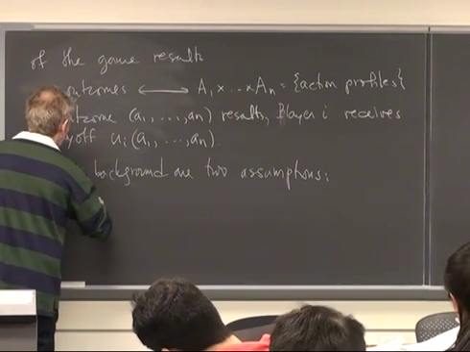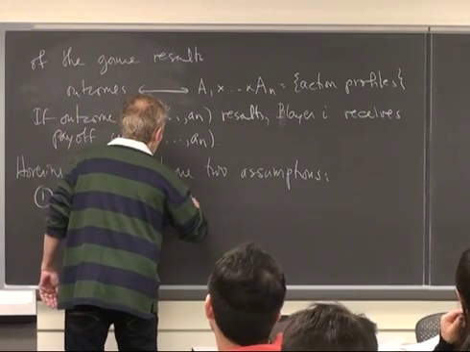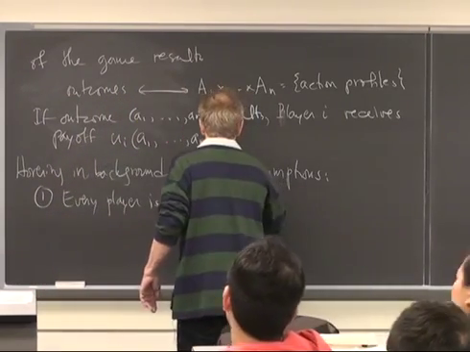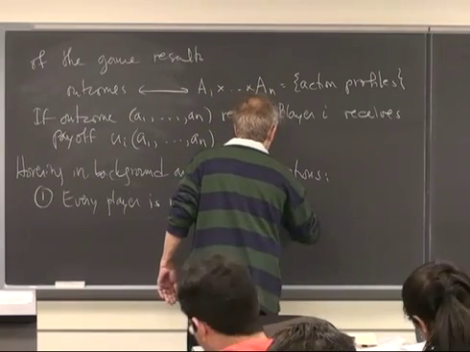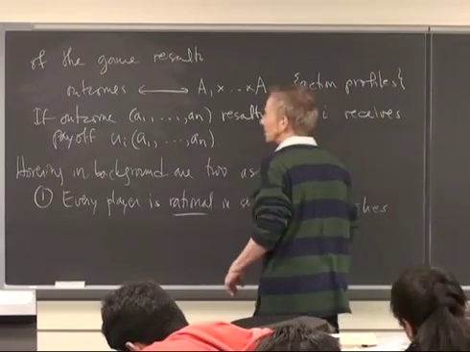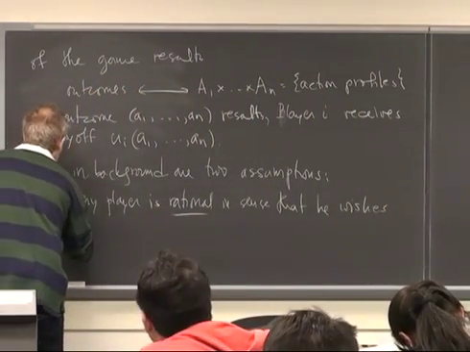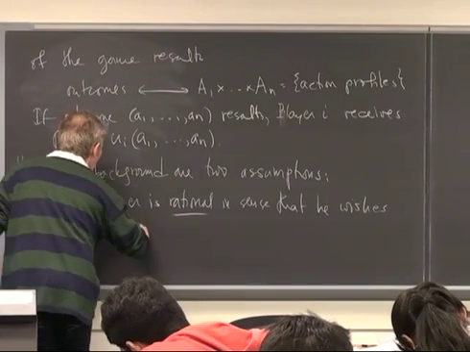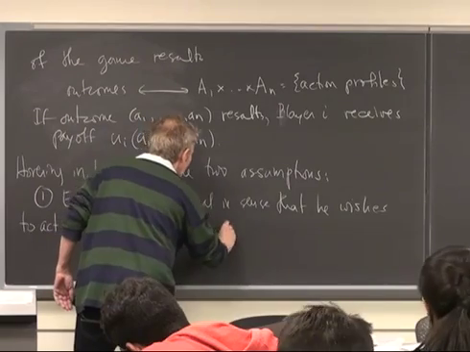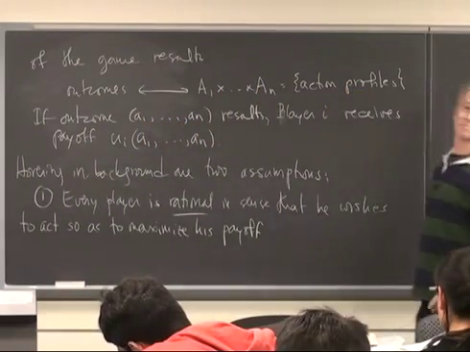Each player, or every player, is rational in the following sense. He's rational in the sense that he wishes to act so as to maximize his payoff when the game is played.